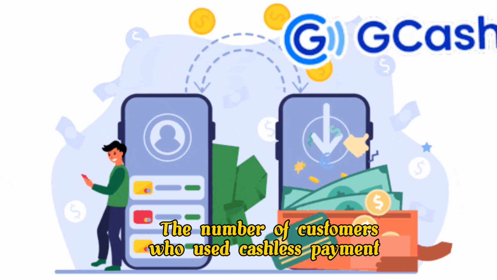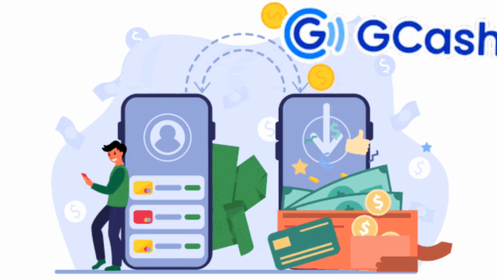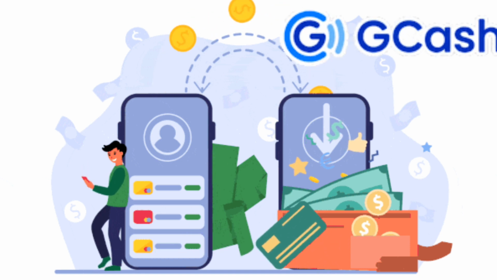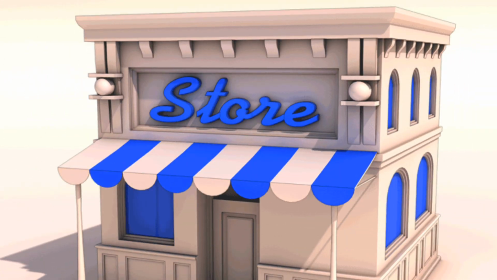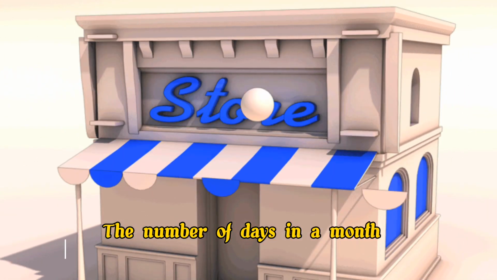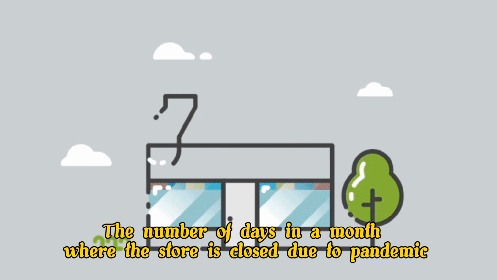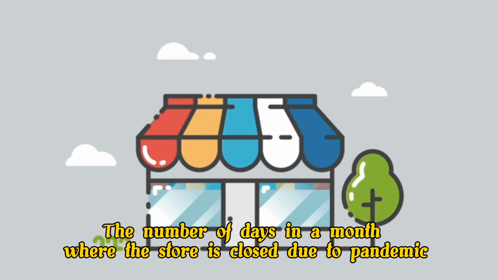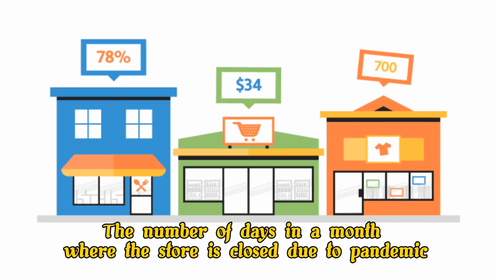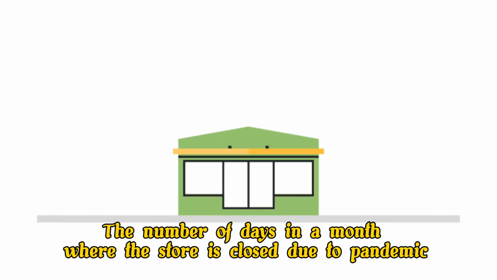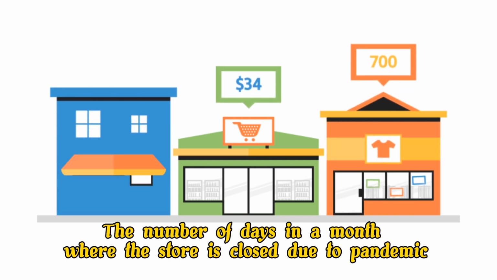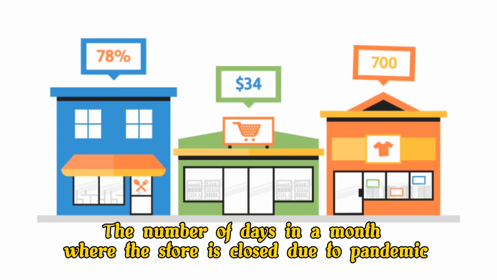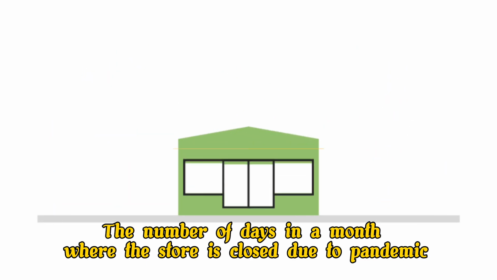Even if a child is buying, the child cannot be counted as half, rather as one customer. Another example of discrete random variable is the number of days in a month where the store is closed due to pandemic situation. It is also an example of discrete random variable because we can only get a whole number value for a random variable x, which is the number of days.